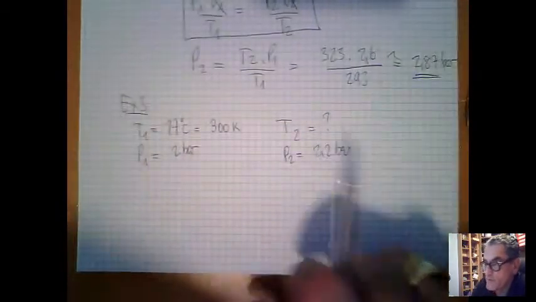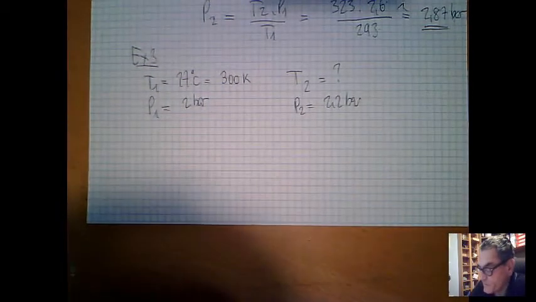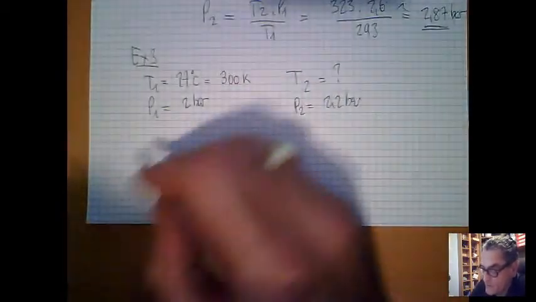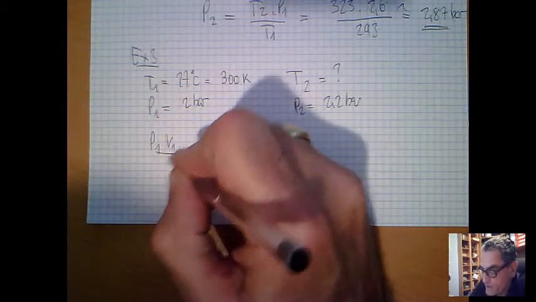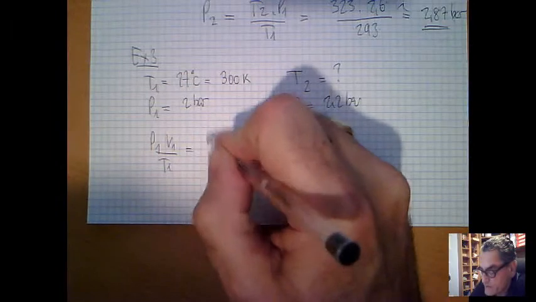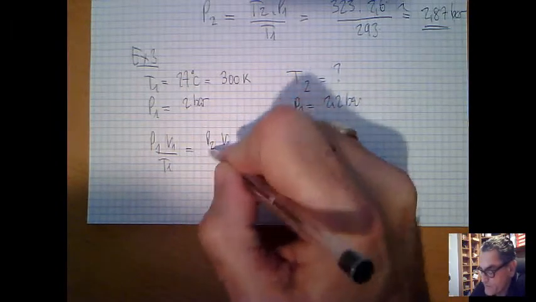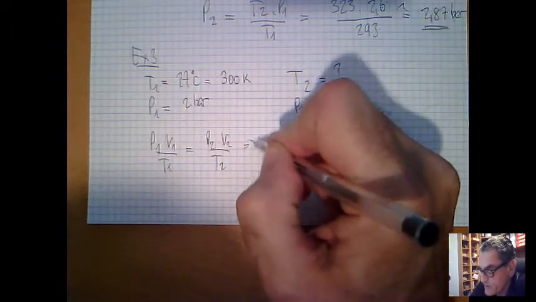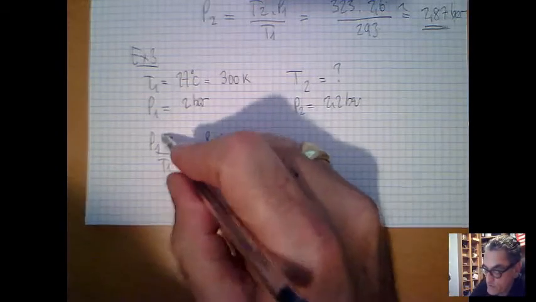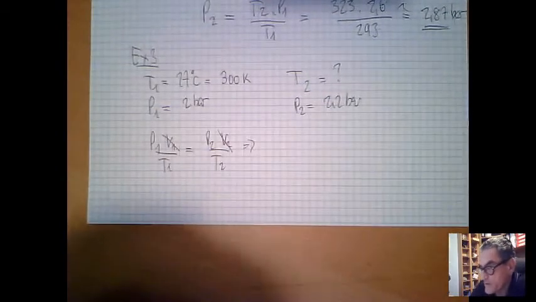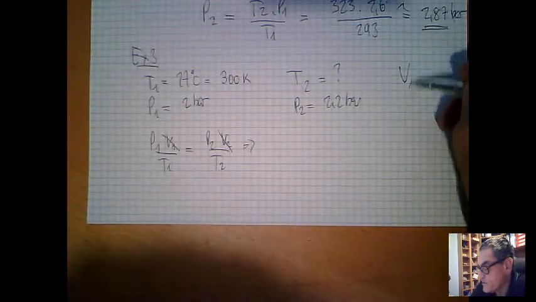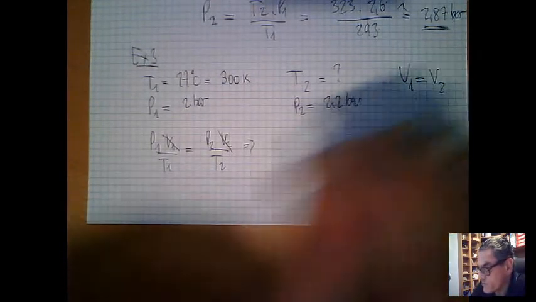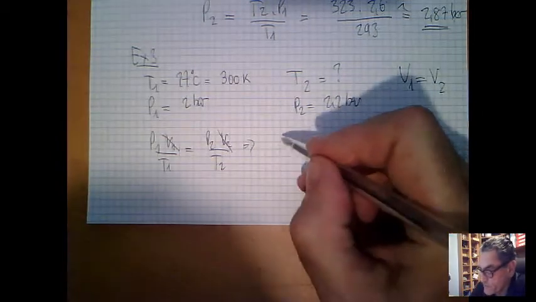So it's very similar to the exercise we did before. It's not much more complicated. You take P1 V1 over T1 is equal to P2 V2 over T2. You assume constant volume, so it's again the same thing. You can remove the volumes from the equations because the initial volume is equal to the final volume.